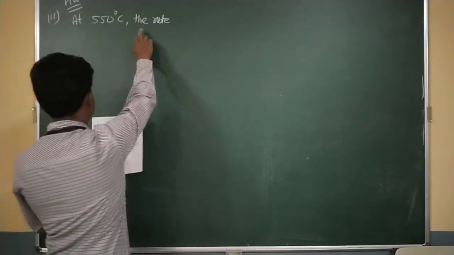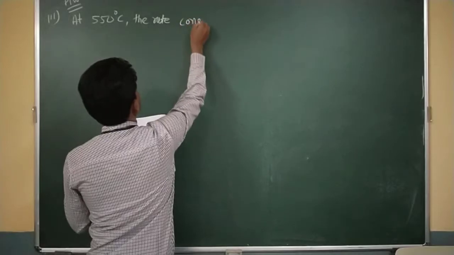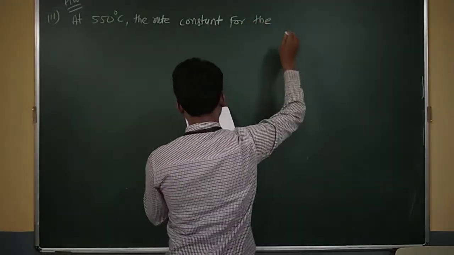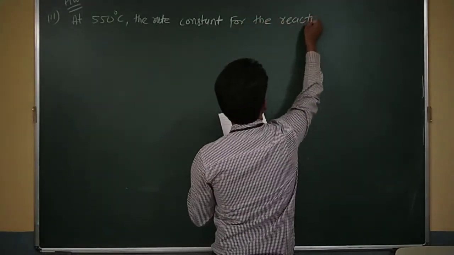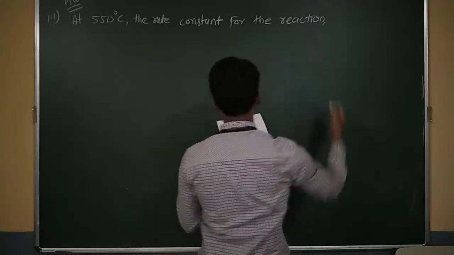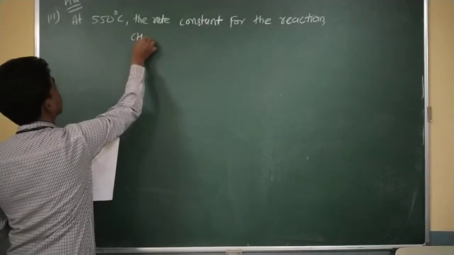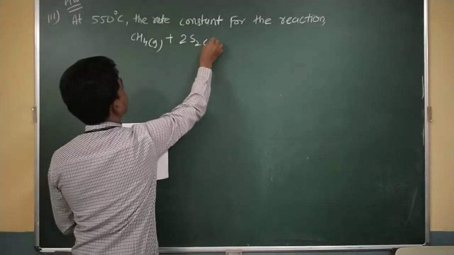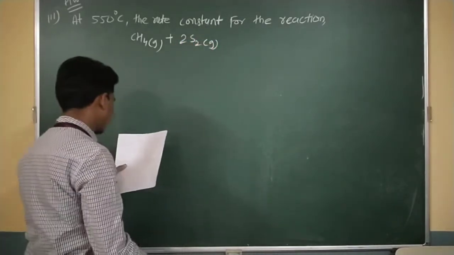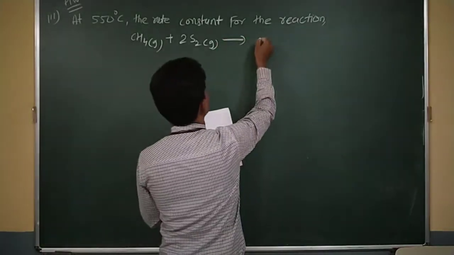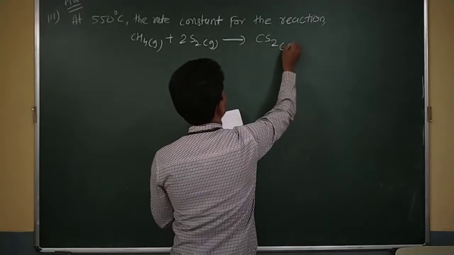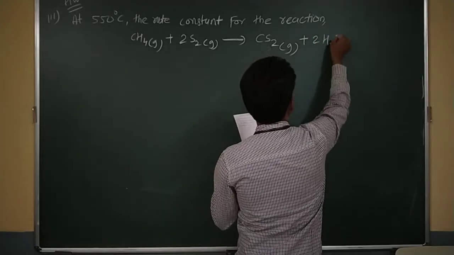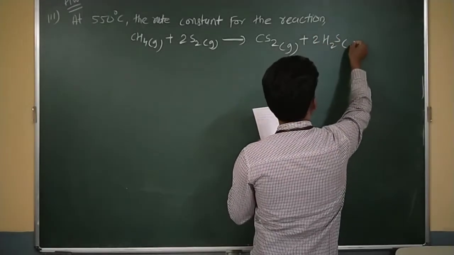So the rate constant for the reaction is given here: CH4 gaseous state plus 2H2S gaseous state gives the products carbon disulfide gaseous state plus 2 molecules of hydrogen gas.